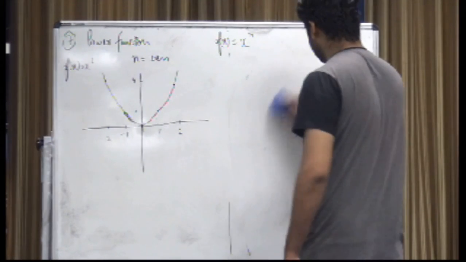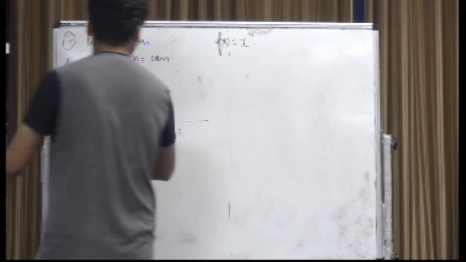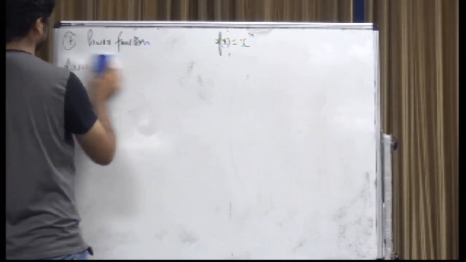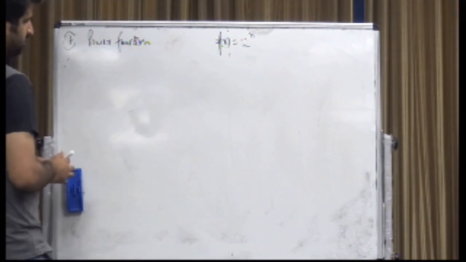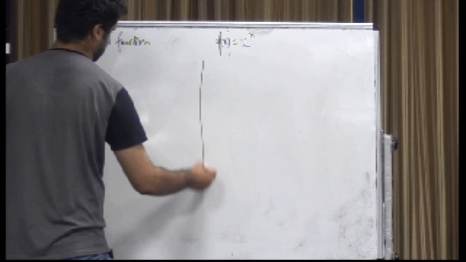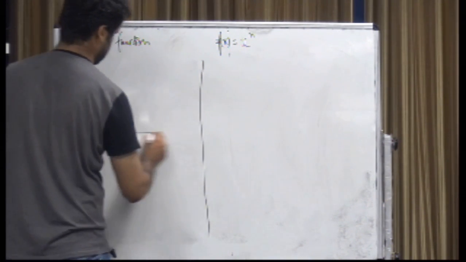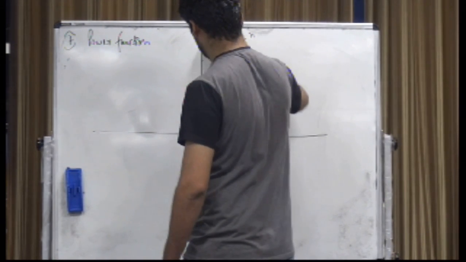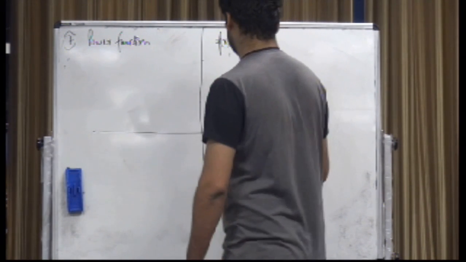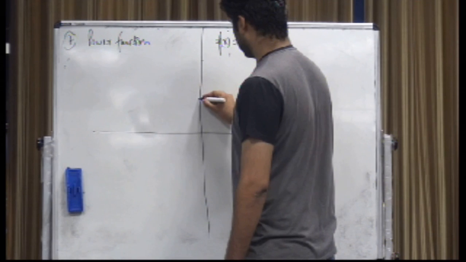If we join these two graphs on a single one, this is 1, this is 1.